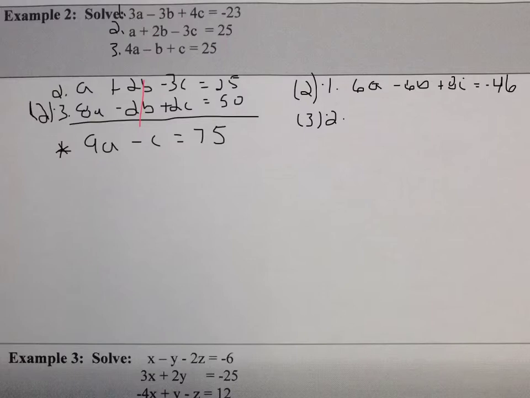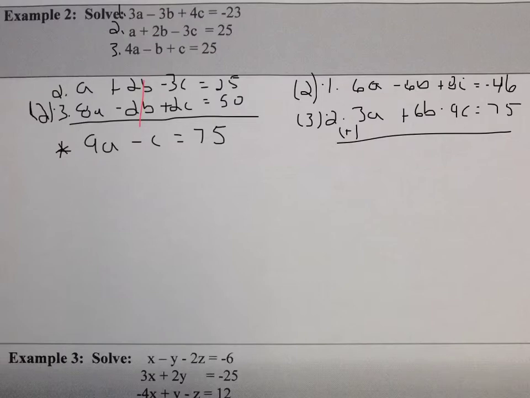6a. All right, so when we do 3 times equation 2, we're going to get 3a and then plus 6b and minus 9c equals 75 again. 3 times 25 is 75. And we're going to add these two up.